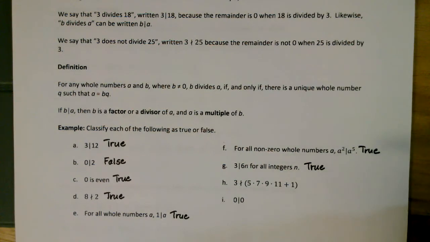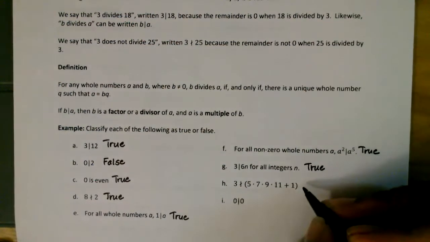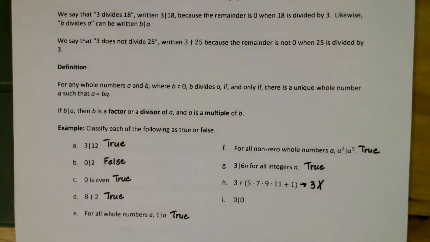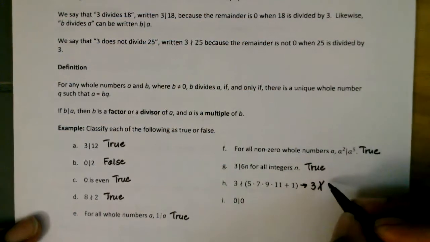Now, part H is 3 does not divide 5 times 7 times 9 times 11 plus 1. Let's write this as 3 does not divide, and I need to simplify 5 times 7 times 9 times 11 plus 1. And you're going to get 3,466.